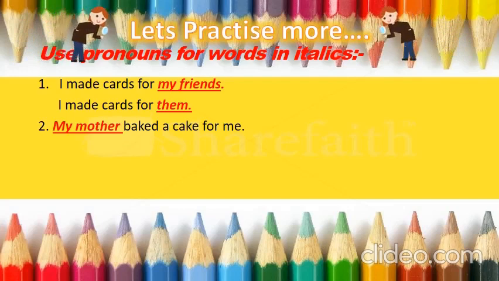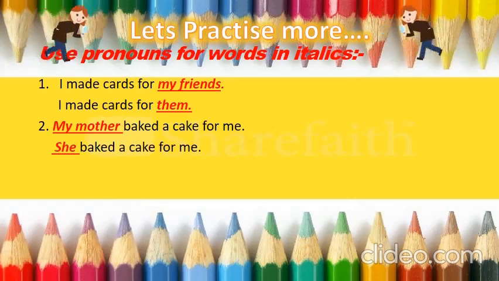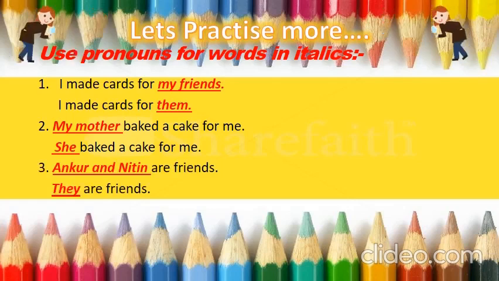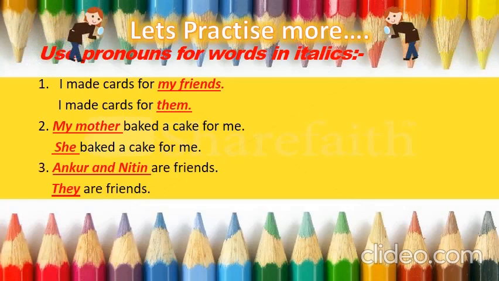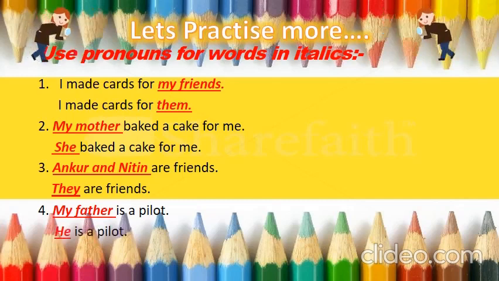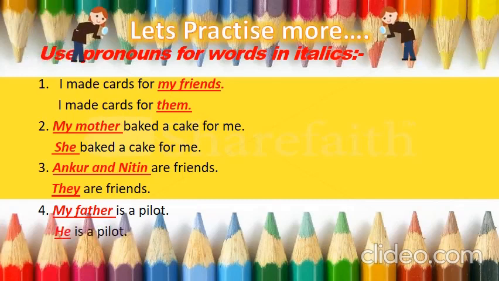Now the next one, my mother baked a cake for me. So my mother will become she. She baked a cake for me. Now Ankur and Nitin are friends. So Ankur and Nitin will become they. Now next one, my father is a pilot. In place of my father, he is a pilot.